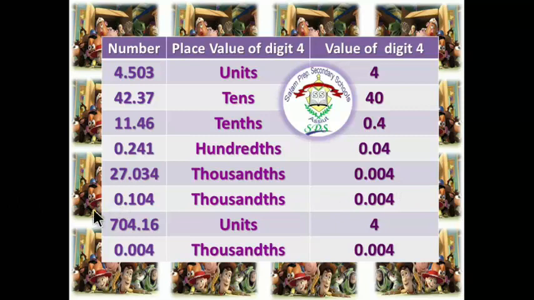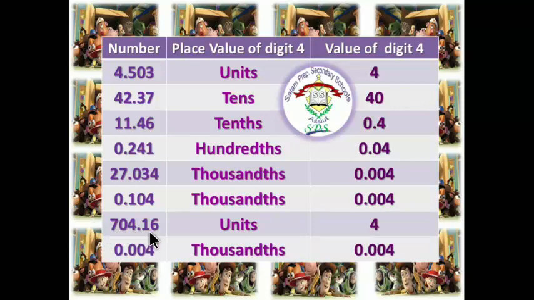The next number, 104 thousandths. 4 in decimal part. In the thousandths place value, and its value is 4 thousandths, 0.004.